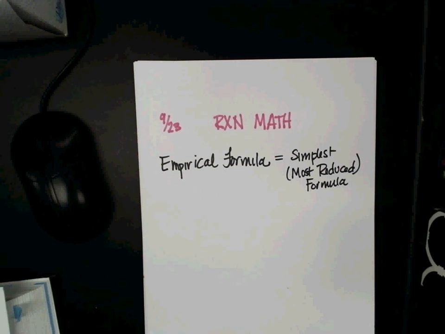What type of chemical formula is always an empirical formula? Can you come up with an answer for that? What type of chemical formula of the ones we've been making and learning is always an empirical formula? What do you think, Kara? Synthesis, perhaps. I'm looking for one of the 2 big types that we've talked about.